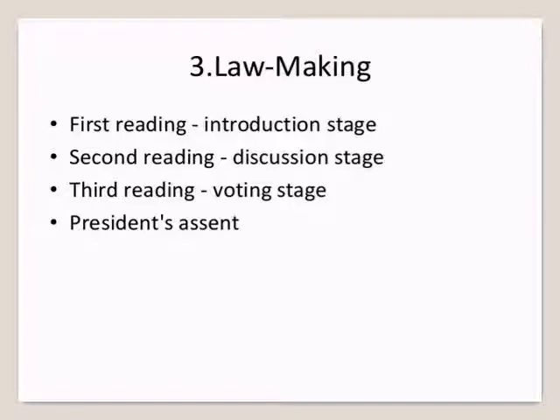The third reading is the voting stage, to vote for or against the law by the members of parliament, that is MPs. The last one, the president's assent, is the acceptance of the law by the president. These are the lawmaking processes of the parliament.